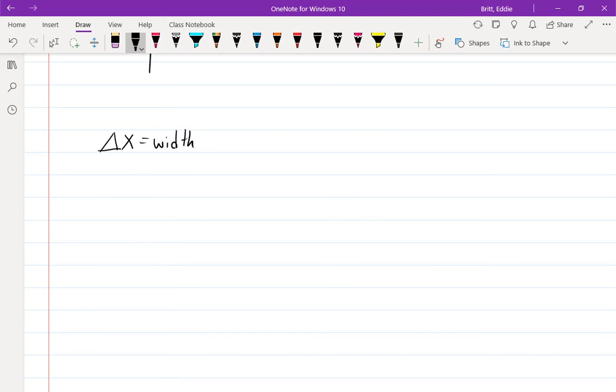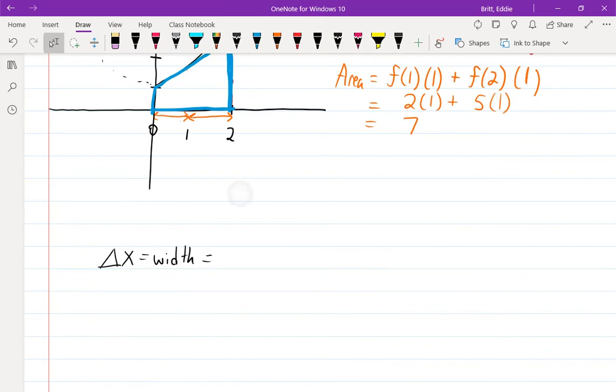The way you find the width is you take the biggest number in your interval. Let's say we were estimating from A to B. Our formula would be B minus A divided by the number of rectangles that we want to put under the curve or above the curve.